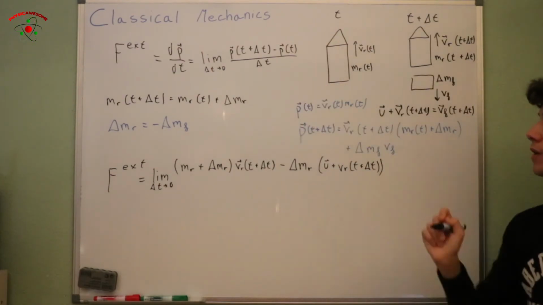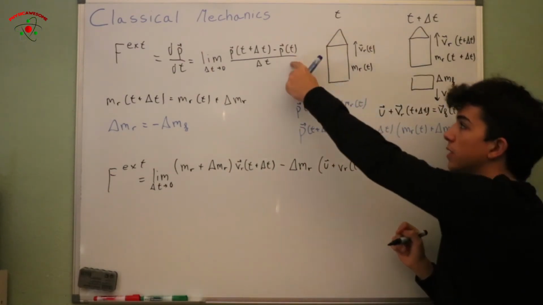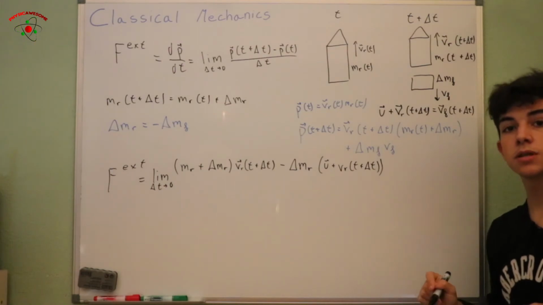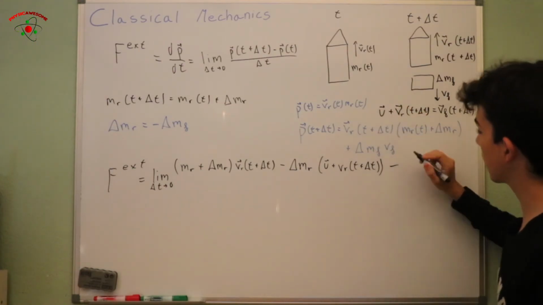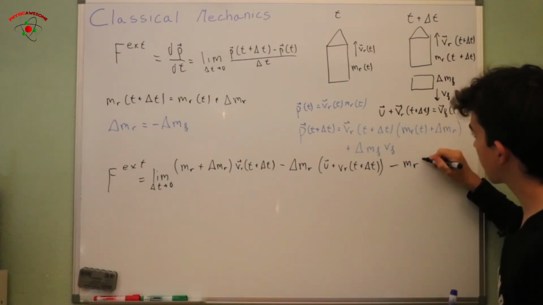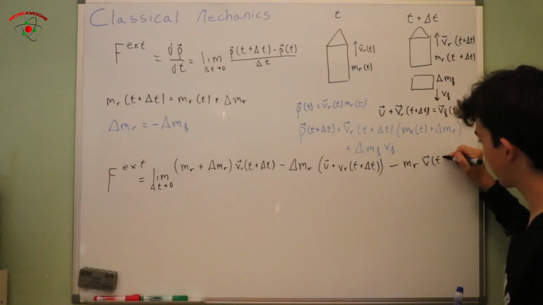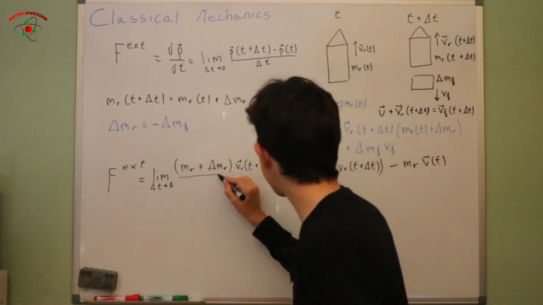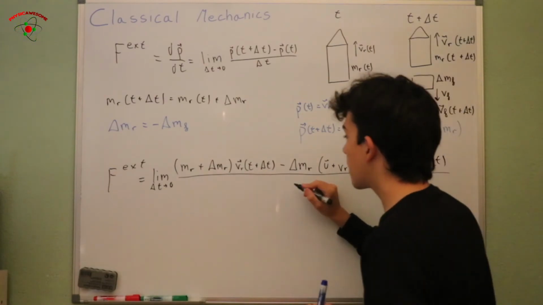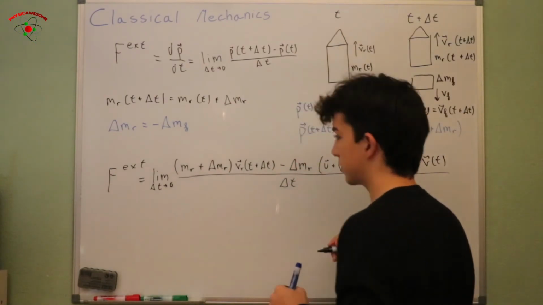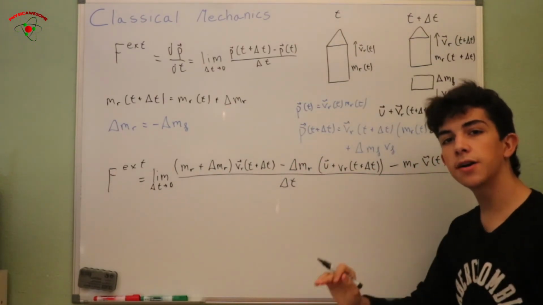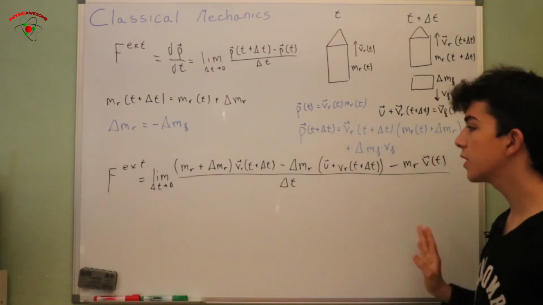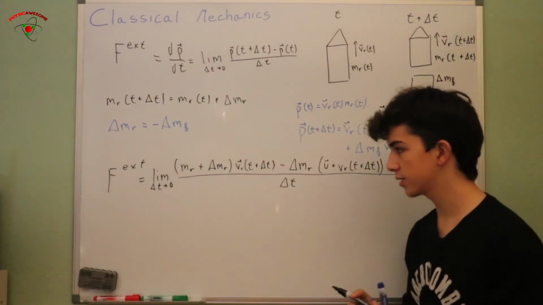And now we just have to input the momentum of our system at time t. That is mr times v of t. And all of this is divided by our time element.